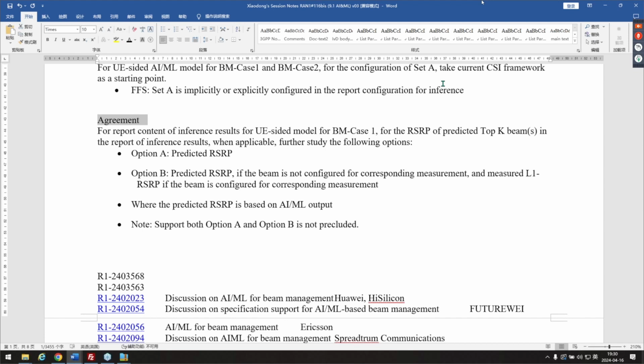If there is a measurement, report the measurement. If there is no measurement, report the predicted one. That's it. Then it's end. Okay, the common understanding is fine with me. Okay, let's make it.